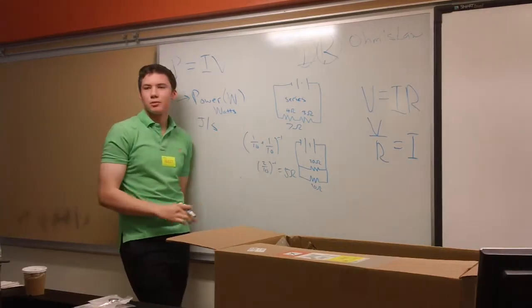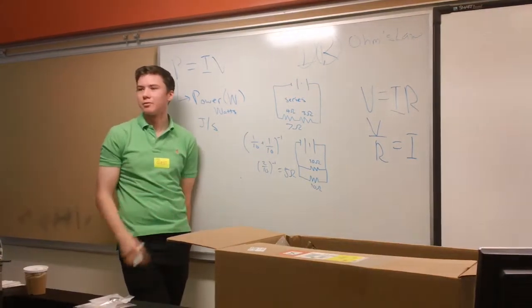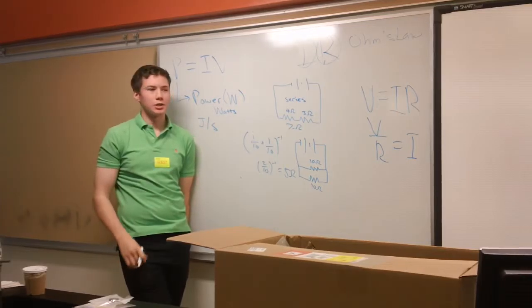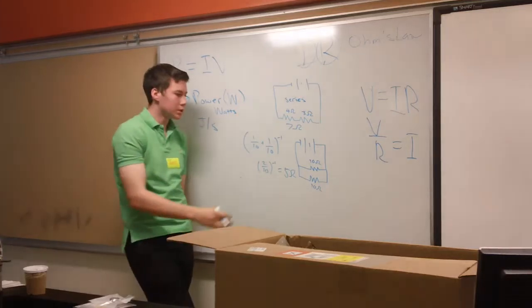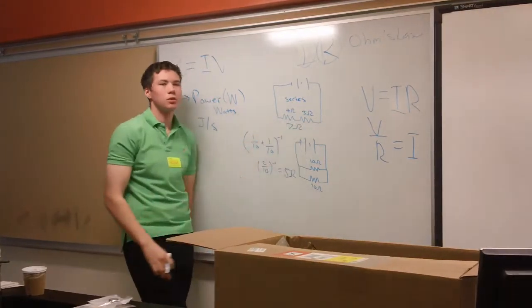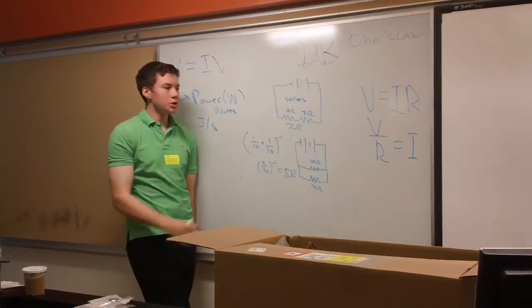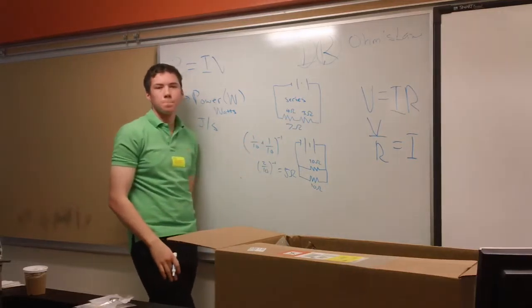Why is it like this? Kind of crazy, right? Any ideas why it might look like this instead of just adding them together? What's different about this versus this? What does the current have to do in this circuit?